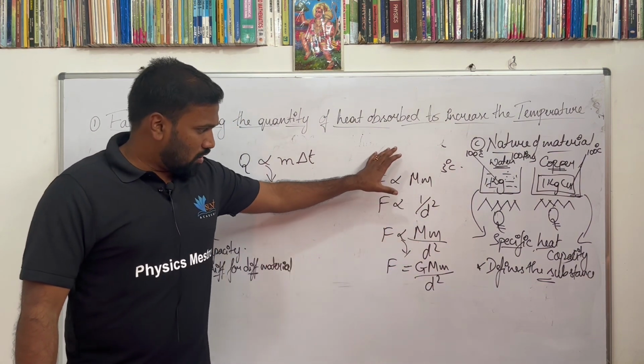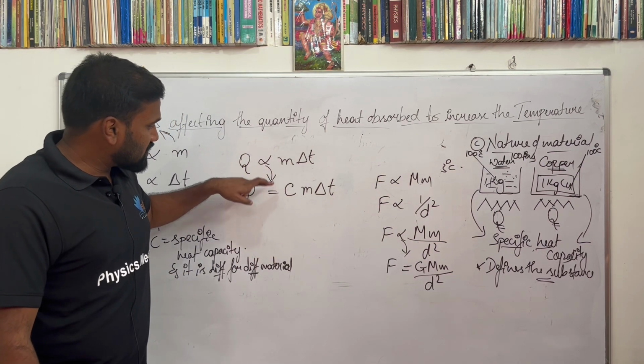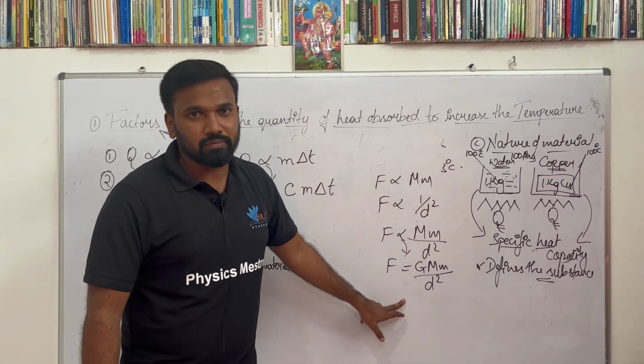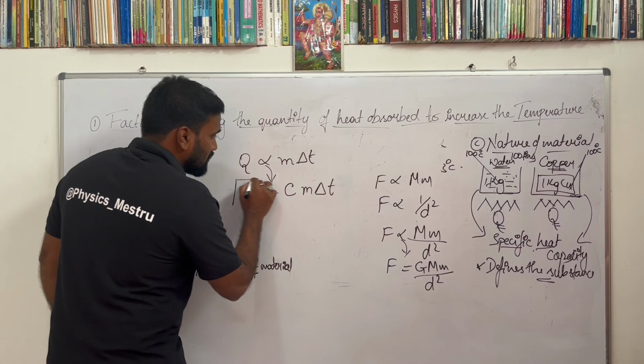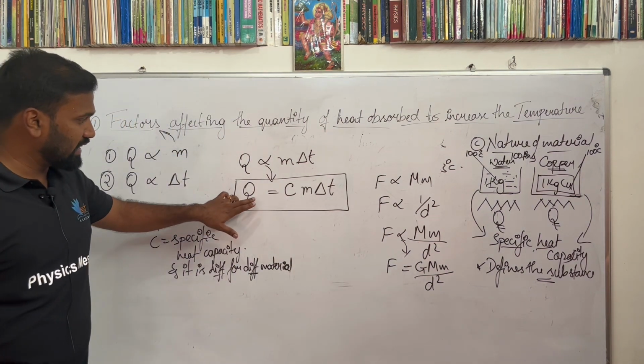Clear? Just to make you understand why, when we remove the proportionality symbol, the equal symbol comes, I took this example, that's it. So this is nothing but the equation for heat energy.